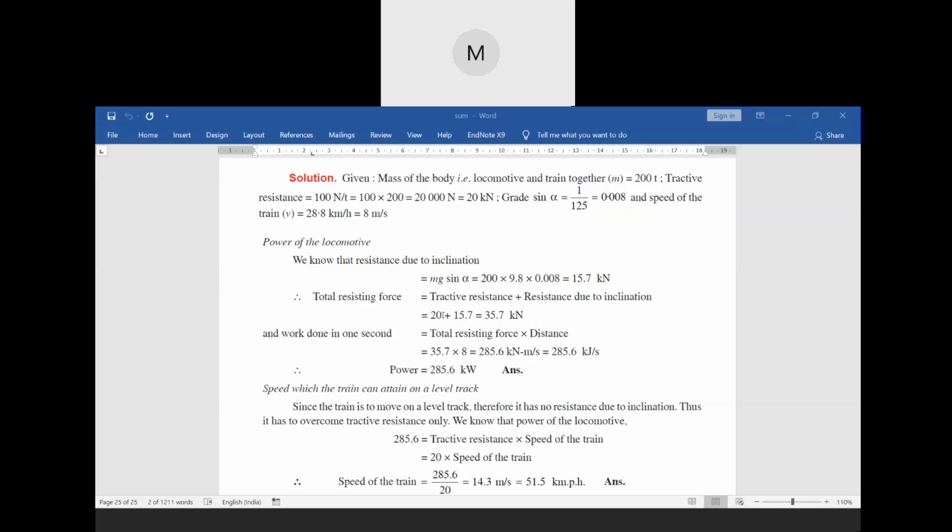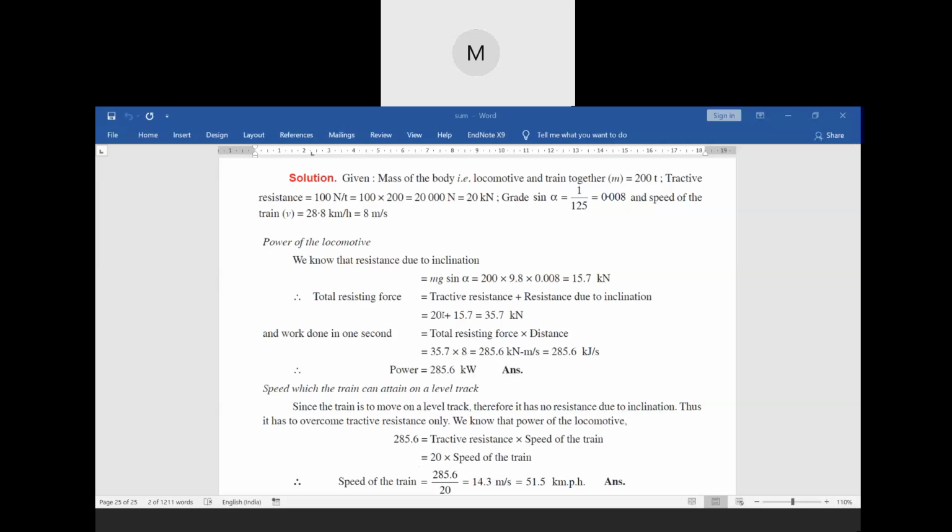Now we found out the total resisting force. Total resisting force into distance gives you the work done. But in this case, the distance is in meter per second, so we can't write this distance.